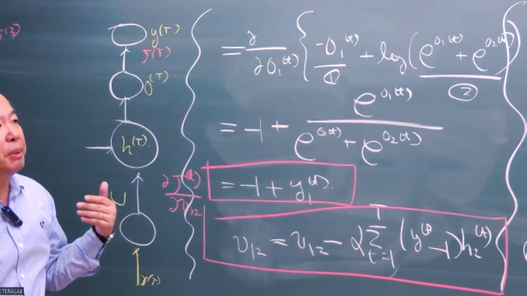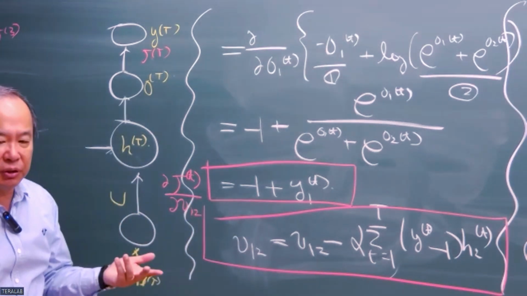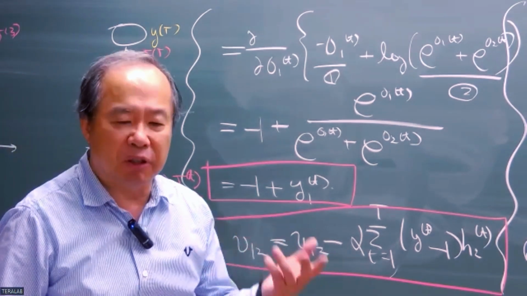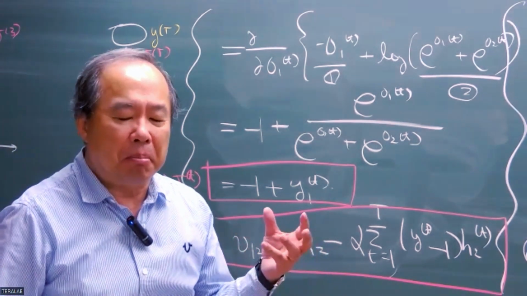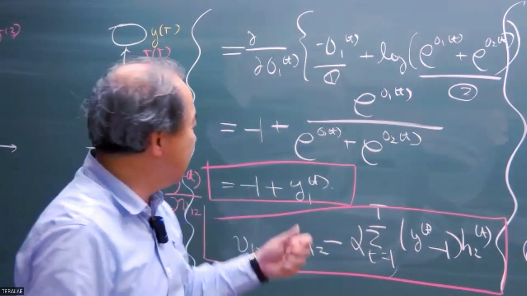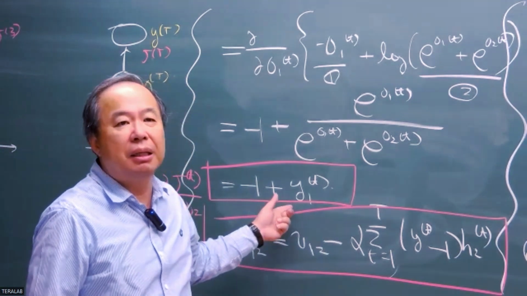Why is that? Because we are using an entropy function, that is a log nature, and the softmax function is kind of an exponential function. So having log function and exponential together become a very simple arithmetic expression.